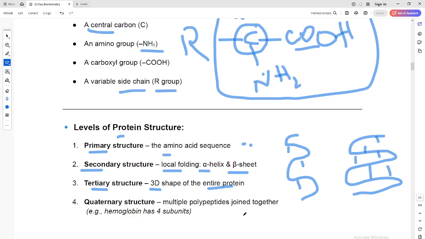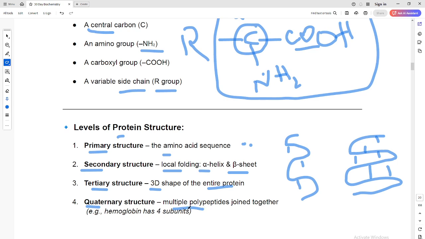If this protein is formed from multiple polypeptide chains, we will have an extra level, which is quaternary structure. This level is through the relations between the tertiary structures, the 3D structures of each polypeptide chain together.